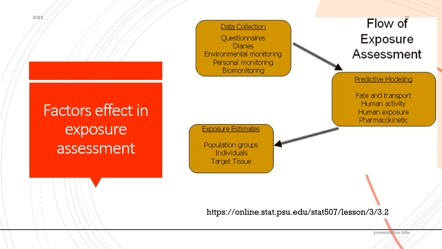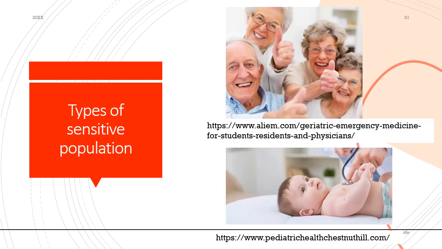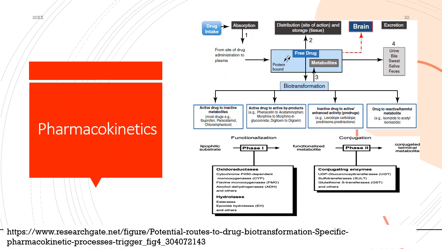The human activity, human exposure, and finally the important factor is the kinetics. And you estimate how many of the population, individuals, or the target organ are affected. The sensitive populations are the elderly and the young. What's the difference and the effect? The answer is the pharmacokinetics.